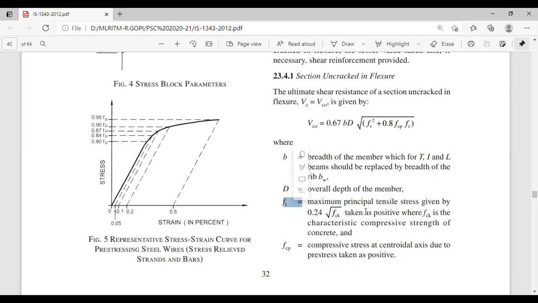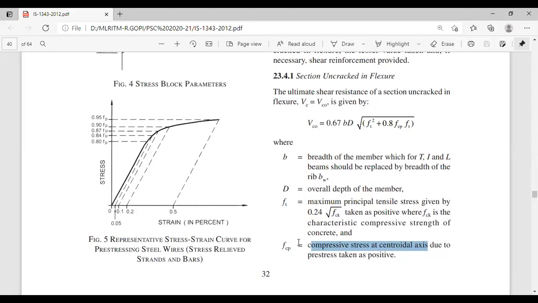Next, ft. ft is the maximum principal tensile stress, given by 0.24 root fck. So for ft we have one formula, 0.24 root fck. What is fck? fck is the grade of the concrete. Next, fcp. fcp is the compressive stress at the centroidal axis.